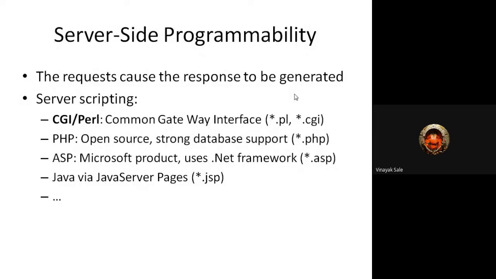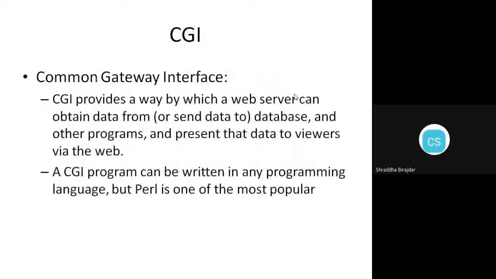Then PHP, open source with strong database support, with extension .php. ASP is a Microsoft product that uses the .NET framework, and the extension is .asp. Then Java Server Pages, extension .jsp.